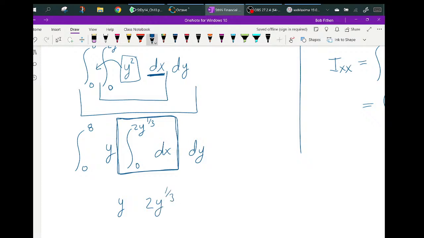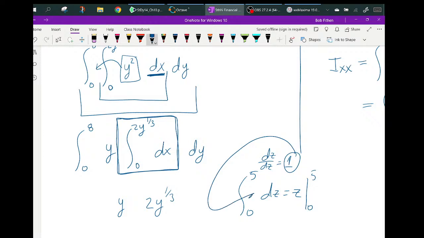to the 1/3. It's kind of like saying the integral from 0 to 5 of dx is equal to the value of x from 0 to 5. Or here, maybe I should say it this way. The integral of dz would be a value of z. Why is that z? Because dz equals 1. That's the constant that's sitting right here.